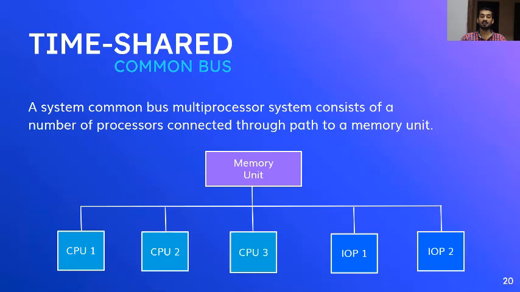These white lines are the time shared common bus, in which the 5 processors connect to one memory unit, that is the main memory: CPU 1, CPU 2, CPU 3, input output processor 1, input output processor 2. All these processors connect to the one main memory.